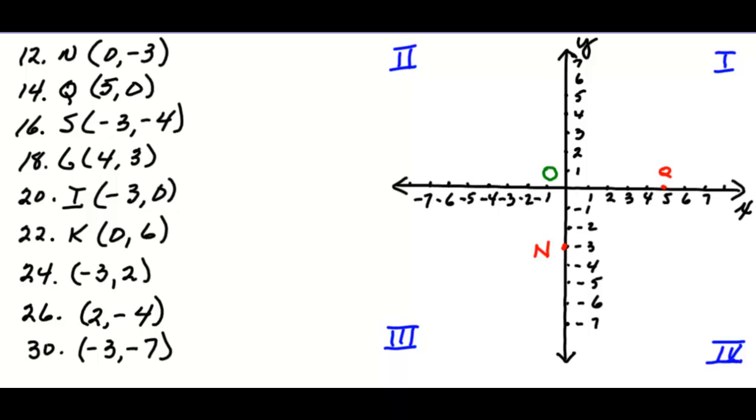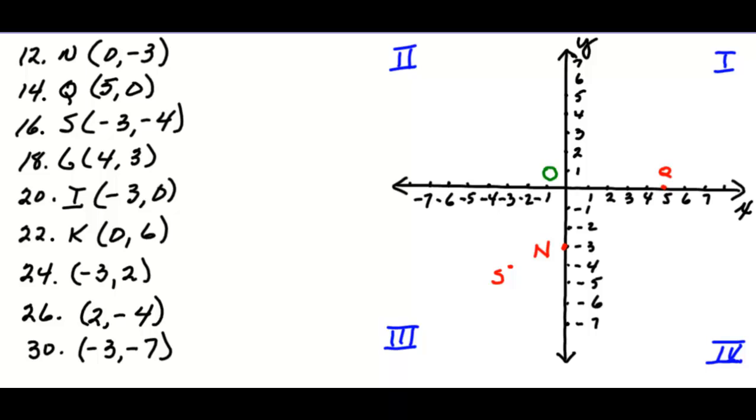But now with number 16, we have (-3, -4). So here, what we want to do, first along the x-axis, this is our -3, x always being the first term. So we go to the left 3, -3. And now because y is -4, we'll go down 1, 2, 3, 4. So our point is right about here, and that is point S. In number 18, now we have sort of the opposite.